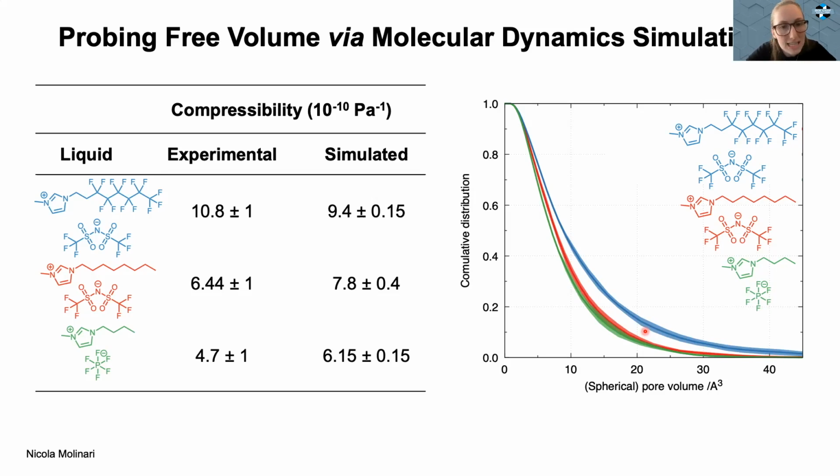What we think this means is that this blue ionic liquid has a larger number of large voids, and that this is very important for affecting the solubility. In other words, these large voids allow this liquid to absorb more gas than either of the other two ionic liquids.